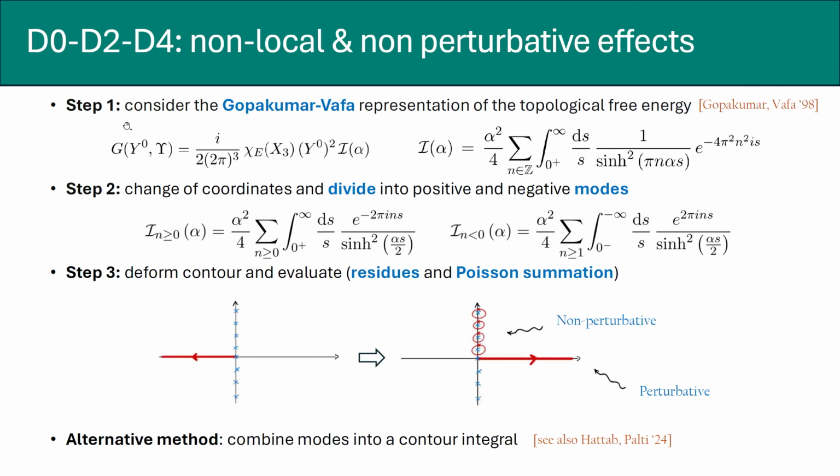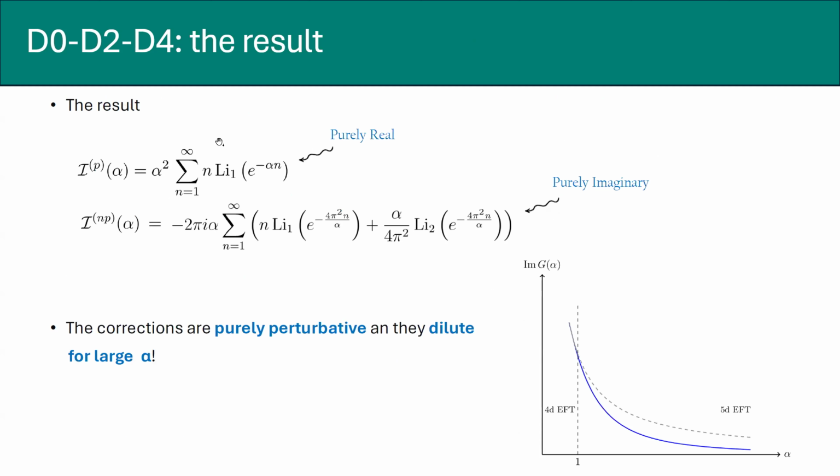The higher genus corrections to the prepotential are defined by this Schwinger integral, but there is an extra factor of i. So all that is entering the entropy is actually the real part of the Schwinger integral. So the perturbative part is completely caught by the entropy, and the imaginary part is completely screened. We have these poles, but the entropy is not seeing them. The black string completely screens the effect of these poles. We have them, but they're not seen by any physical quantities in the black string.